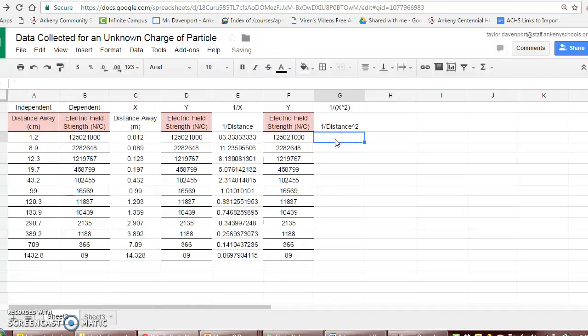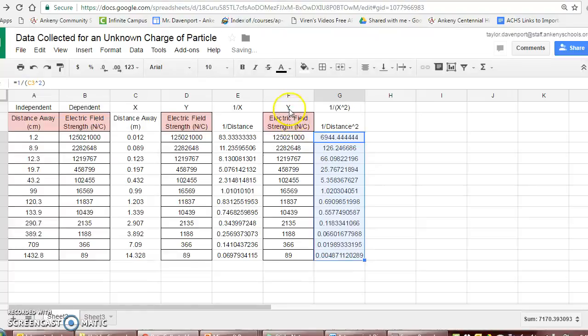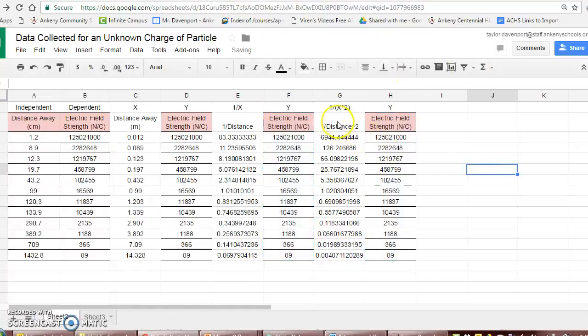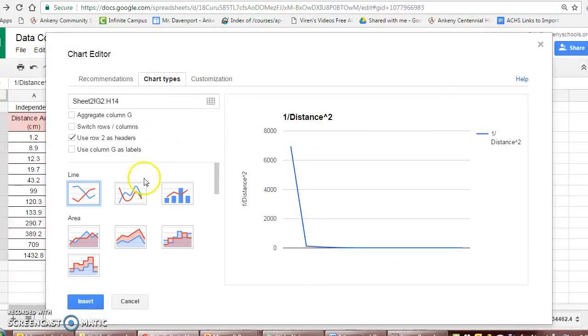And now I will just do 1 divided by my previous column for distance squared, and drag this down. Copy my Y column again because those data points are still staying the same. And now I will graph those 2 columns to hopefully get a linear slope or linear trend.